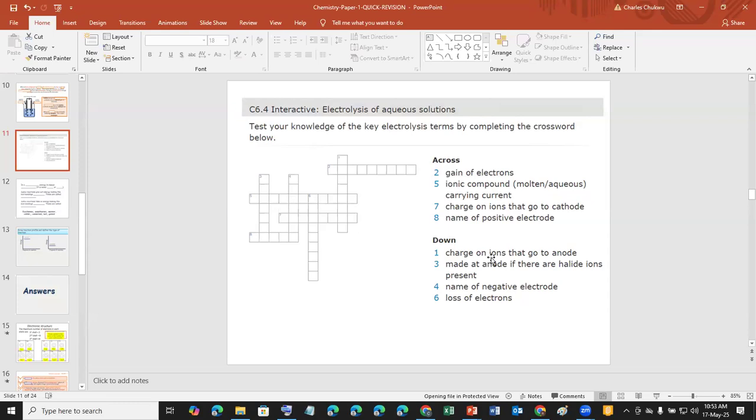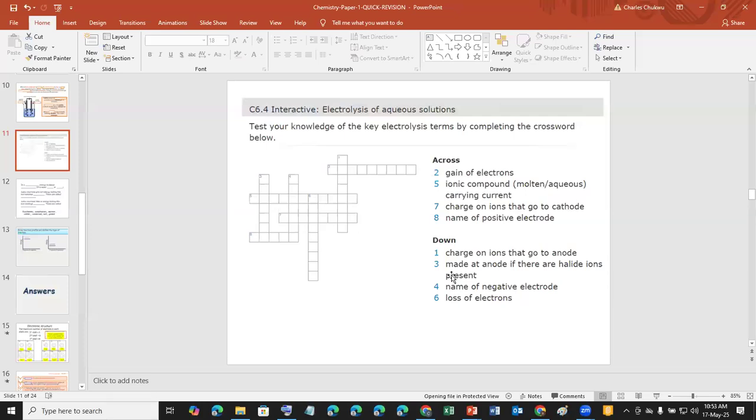The charge on the ions that go to the anode will be negative, while what is made at the anode, if there are halide ions present, halide is suggestive of halogens. Halogens are where you have chlorine, fluorine, and the likes. That's the name of their group, halogens.